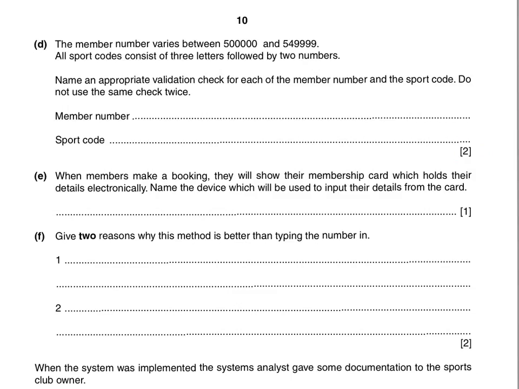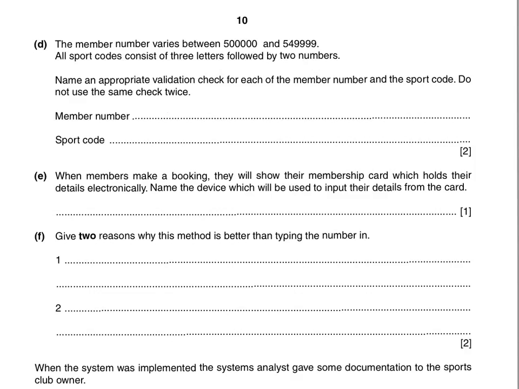Because it is only 2 marks, they only want your best and only answer here and one here, which has to be different. If you go a bit wild and put all your validation checks there to impress the examiner, they can only take the first one anyway. So try not to use up all the space and use the first and best answer.